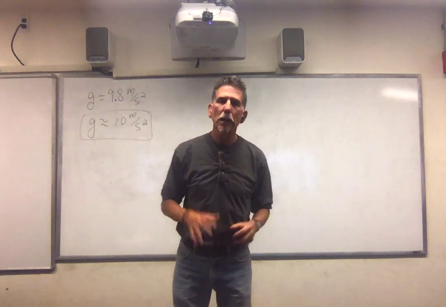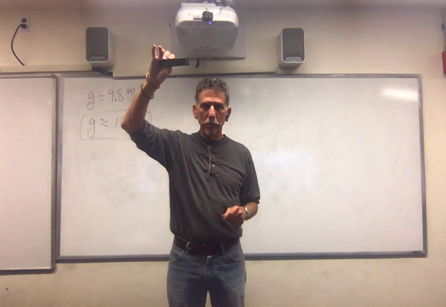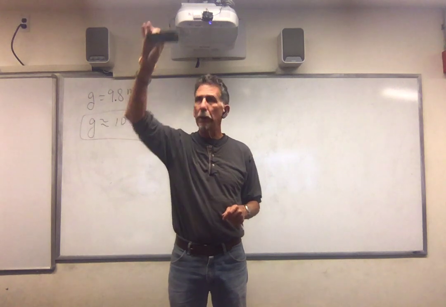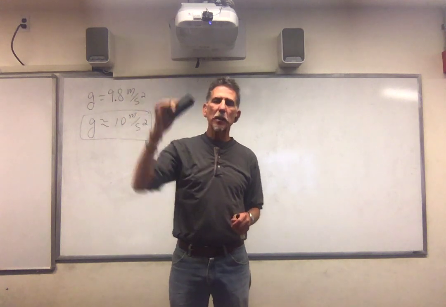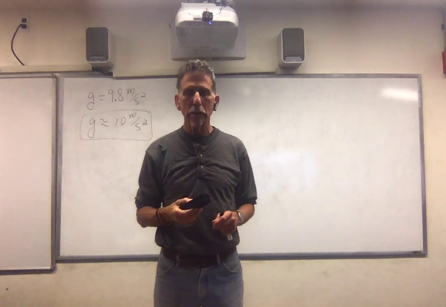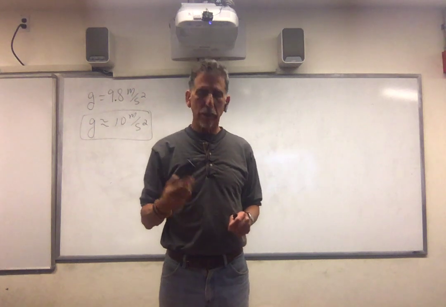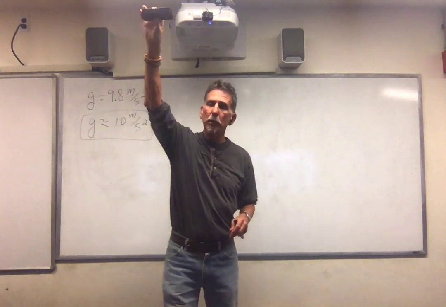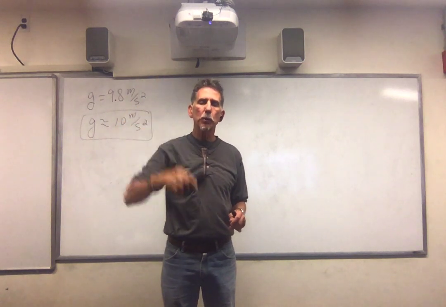All right? And let's review again what 10 meters per second squared means. What it means is, ignoring air resistance, if I take an object and I let go, or I throw it, when an object falls, every second its speed increases by 10 meters per second. So if I drop an object, in 4 seconds, it's moving at 40 meters per second.